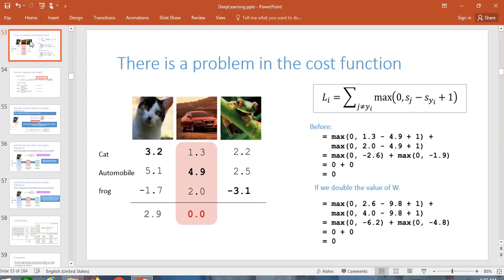For example, suppose that the red number is the correct class score.